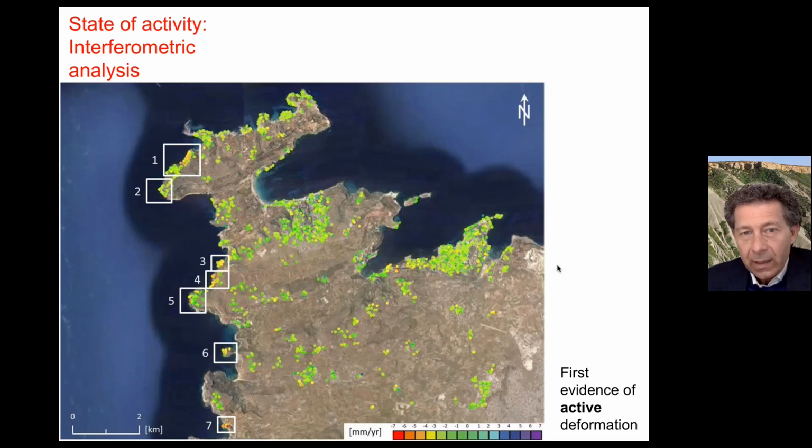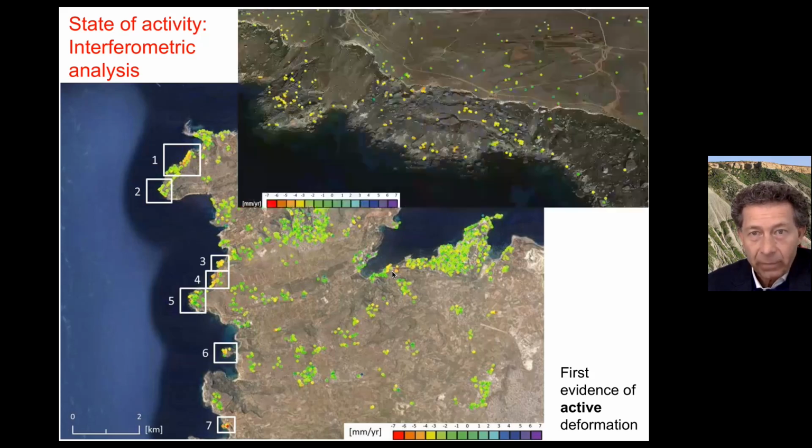And we realized that along other areas of northern Malta, there were situations where a certain instability characterized coastal cliffs. I'm referring to the orange and yellow dots in this image, which refer to active deformation.